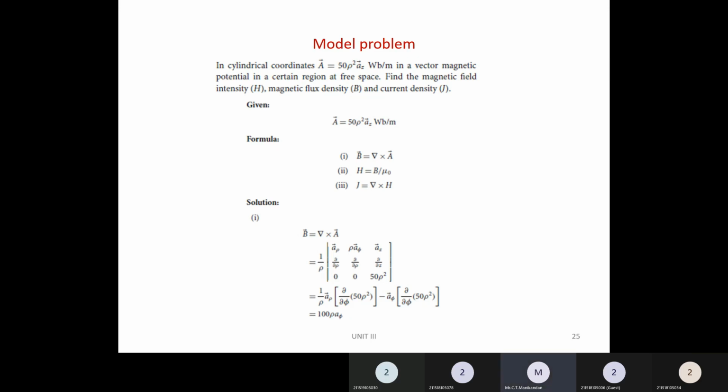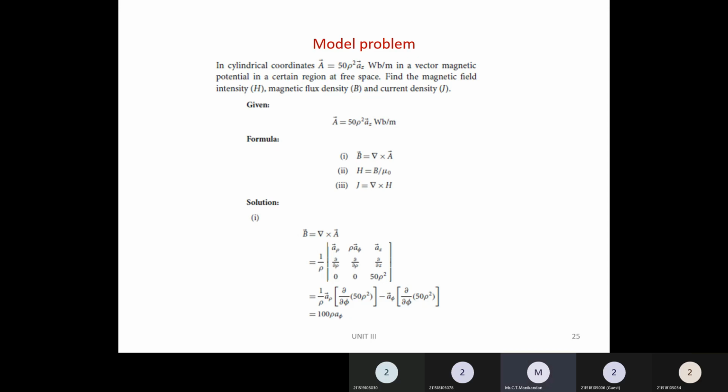So B is equal to del cross A, then for curl in the cylindrical system we will be having 1 by rho, then A rho, rho A phi, A Z, dou by dou rho, dou by dou phi, dou by dou Z. Then we have to substitute those coefficients there. We substitute, we will be getting the B value.